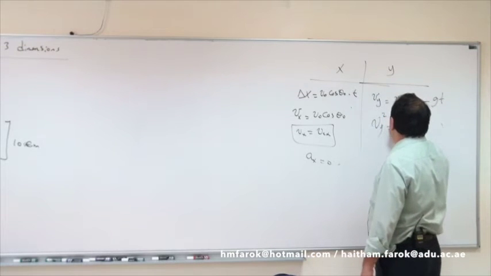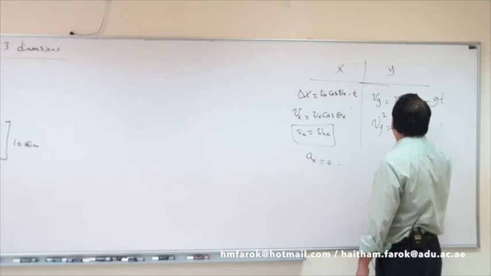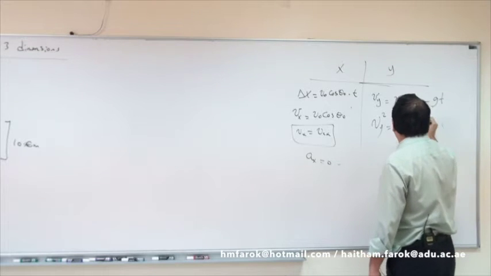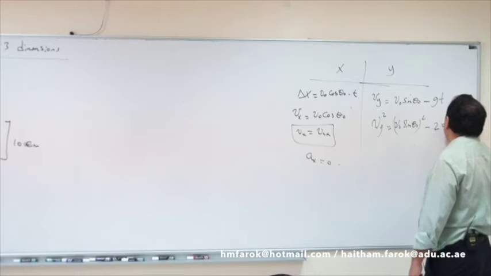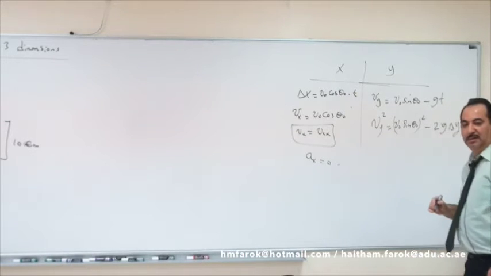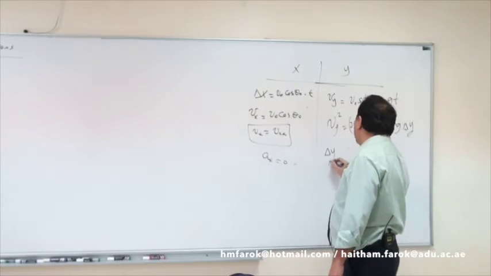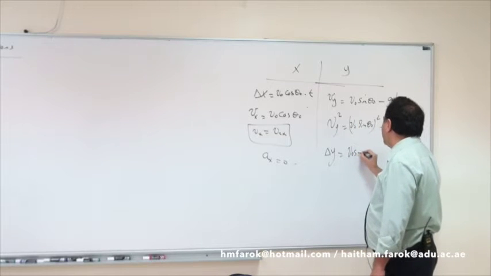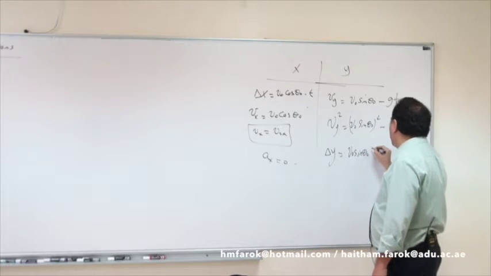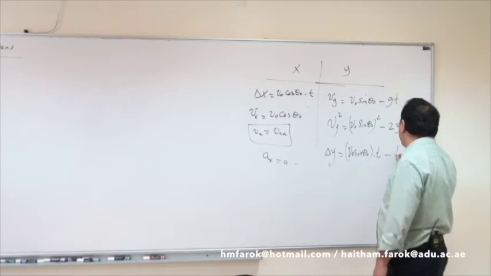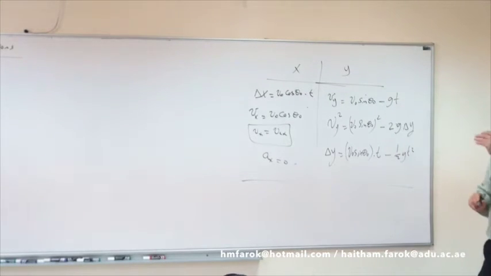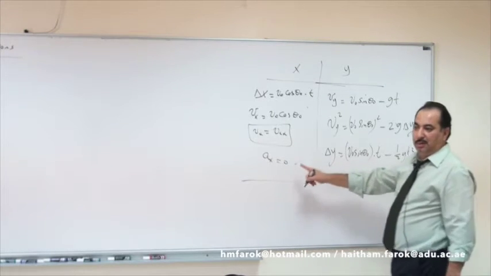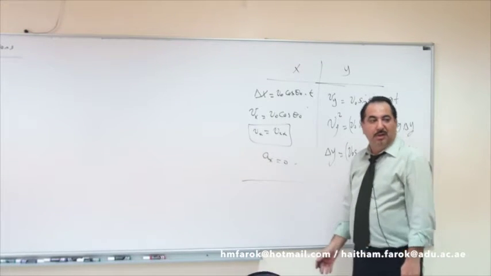Final velocity in y square equals initial velocity in y square minus 2g delta y, the vertical displacement. And delta y equals initial velocity in y multiplied by the time minus half gt square. For all projectile motion, you have these equations, yes?